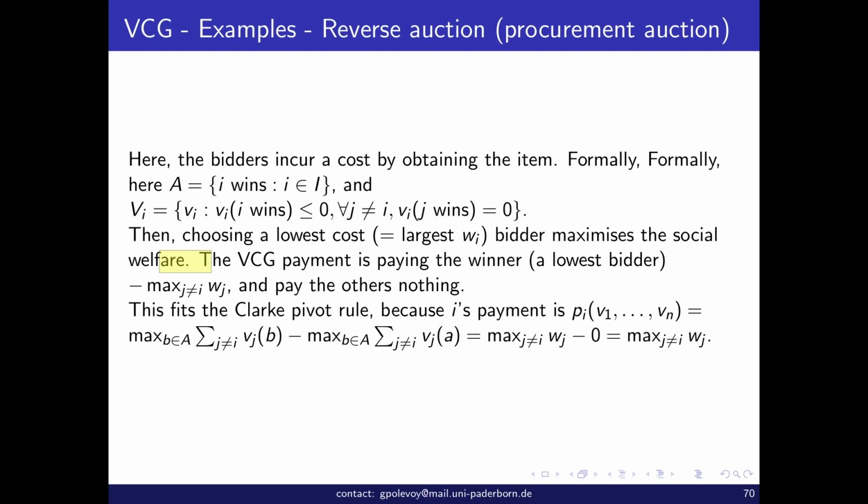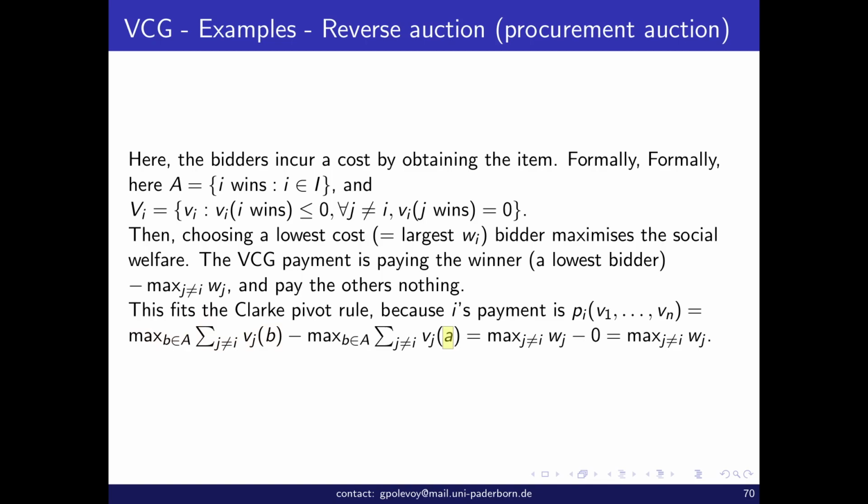Second price auction. Now that can be seen also as an application of the Clarke pivot rule, because if you look at the Clarke pivot rule, the payment needs to be the maximum of what others get besides me, to maximize what I get together besides me, minus what they get together if you choose the option which has been chosen by the mechanism as the best for everything.